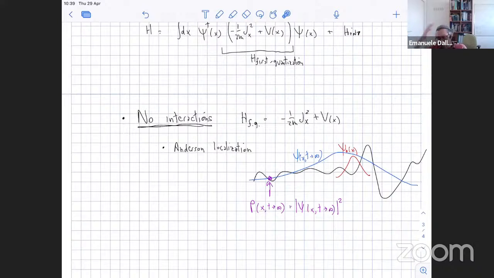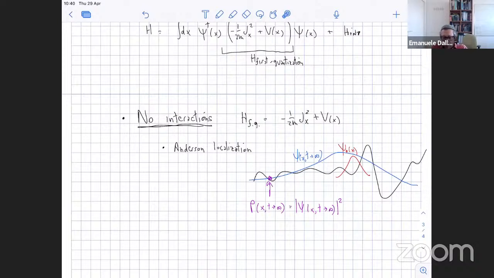Let's assume for simplicity, initially this was a Gaussian, so they all were real. So all the points had the same phase. When the particle expands over time, the different paths acquire a different phase. And eventually, in order to compute the probability of finding myself in the end point, I need not to sum the probabilities, but to sum the wave functions. And because all the waves acquire different phases, they destructively interfere.